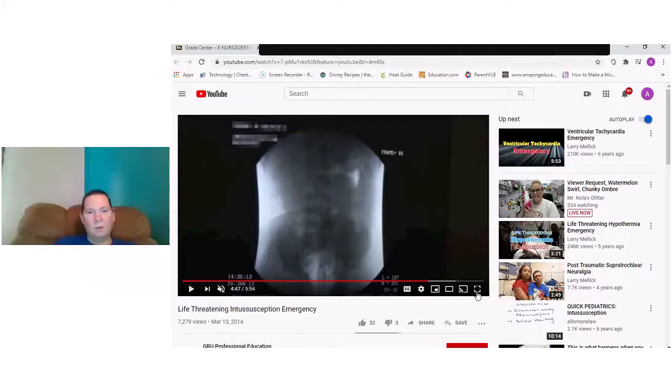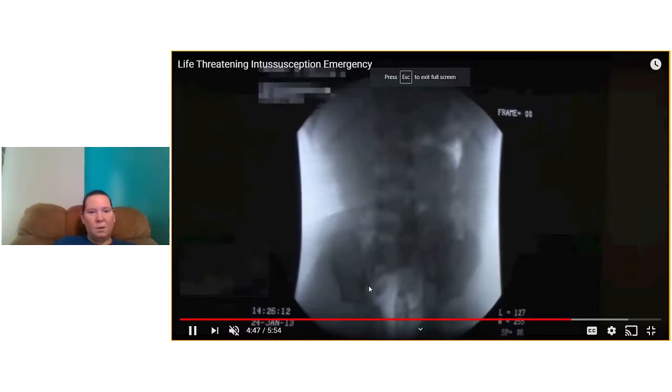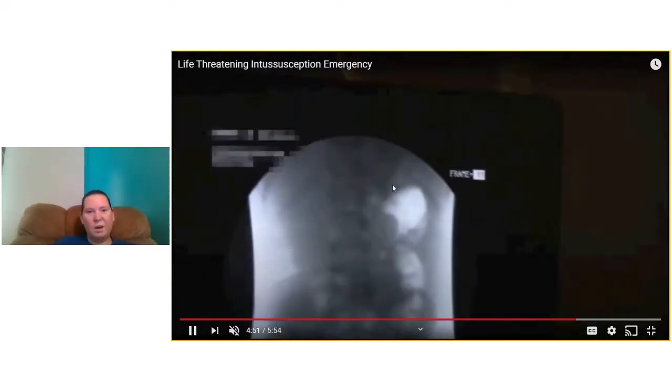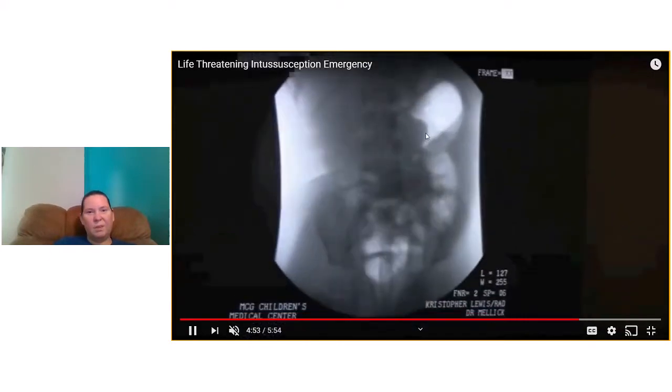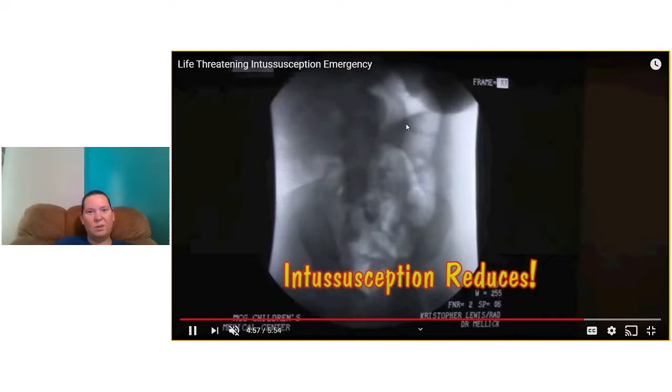Pull the video up. All right, so this is an X-ray version that you'll see. This is under fluoroscopy. You see the contrast dye go up. You see it building, it's building. And then you see it get reduced.